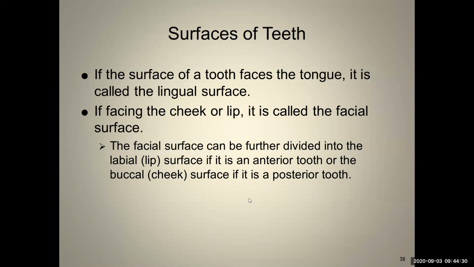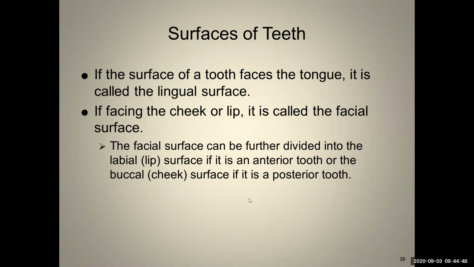So the facial surface is also divided into the labial surface for the anterior tooth and the buccal surface for the posterior tooth. The whole surface facing our lips and cheeks is called the facial surface.